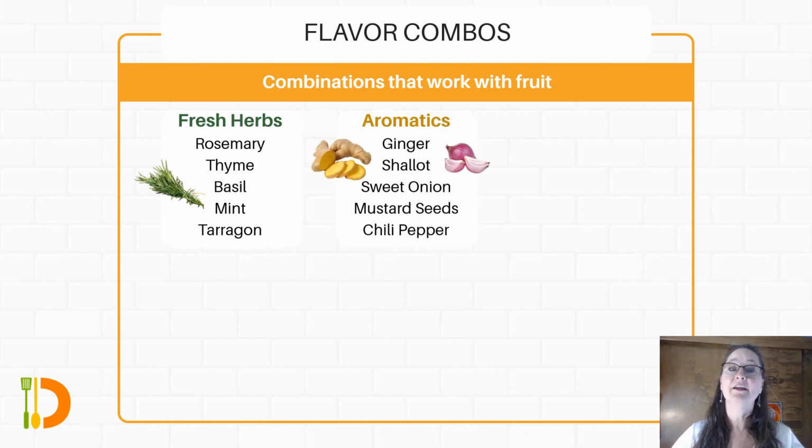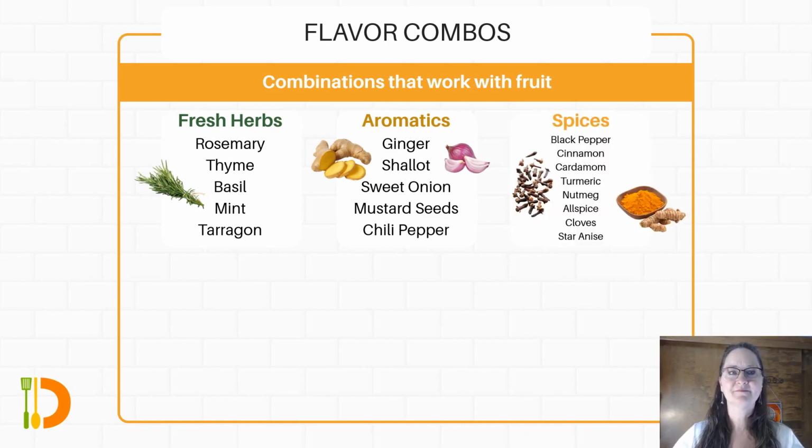Now let's look at the aromatics that will go well with fruit. These include ginger, shallot, sweet onion, mustard seeds, and chili pepper. Spices such as black pepper, cinnamon, cardamom, turmeric, nutmeg, allspice, cloves, and star anise all flavor fruit really well.